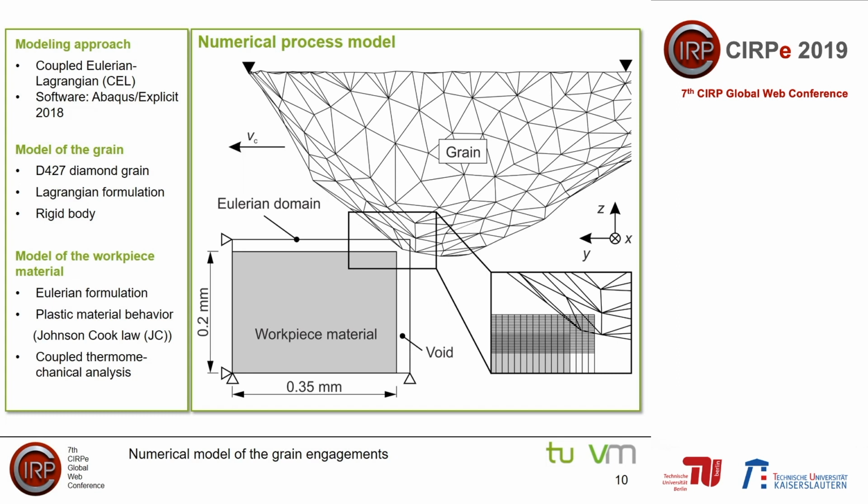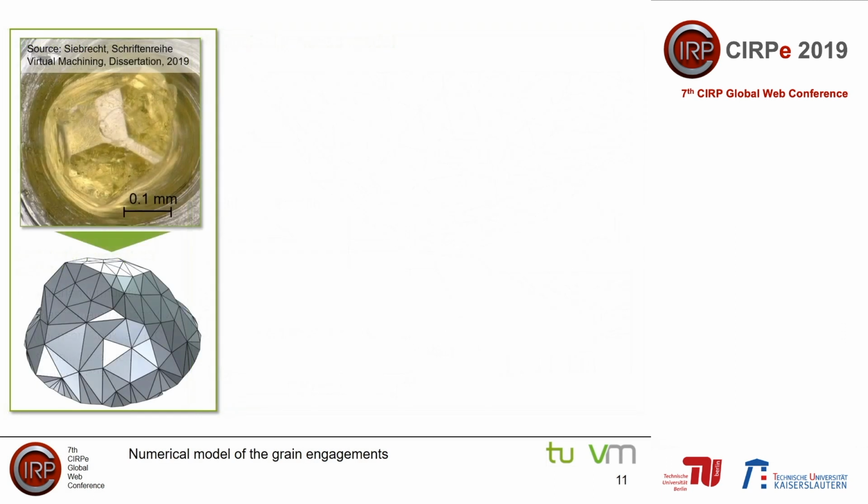In order to characterize the material behavior during the grain engagement, a coupled thermomechanical analysis was conducted and the constitutive law by Johnson and Cook was applied. In order to describe friction effects during grain engagement, Coulomb's law was used with a coefficient of friction of 0.15.